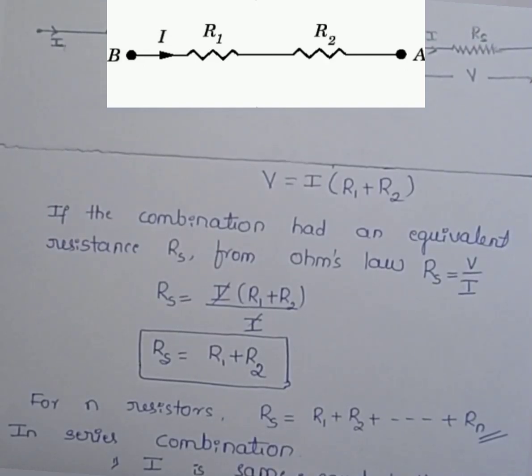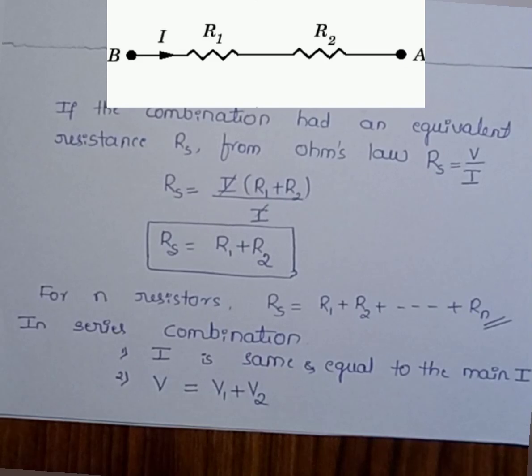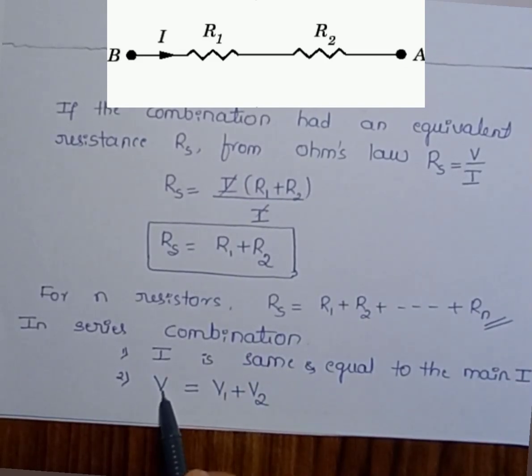In series combination, what can we conclude? Here in series combination, the current is the same and equal to the main current. The potential difference across the combination is the sum of the individual potentials across the resistors R1 and R2. The potential difference across any resistor is directly proportional to the resistance of that resistor.